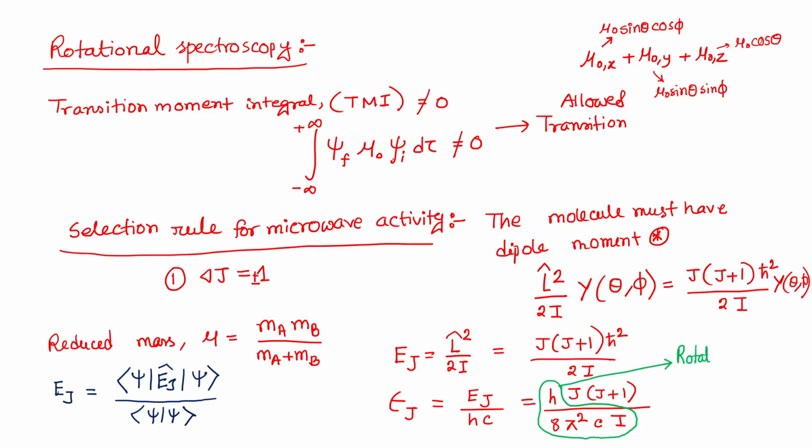This is not actually a universal constant. It is specific to a specific molecule. This is known as your B, that is h divided by 8 pi square C I, and how it is related to your energy is that EJ becomes B into J into J plus 1.